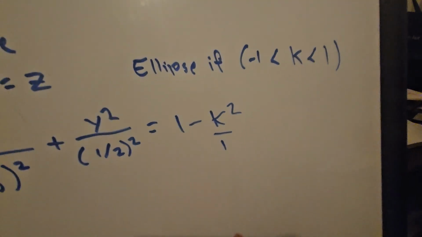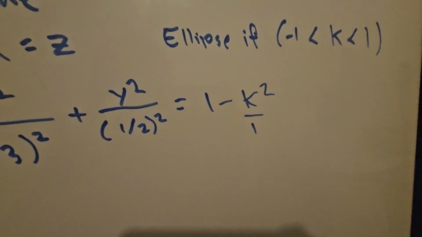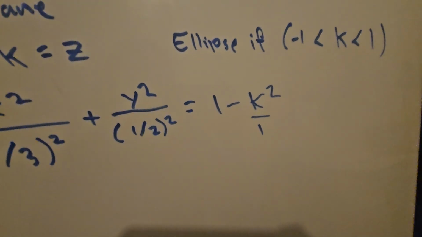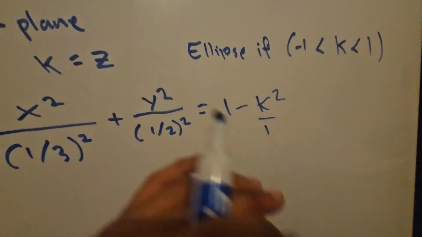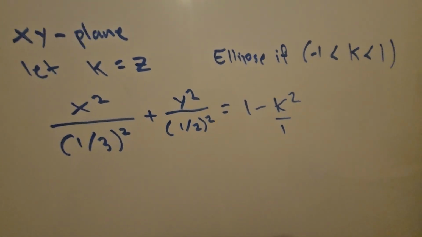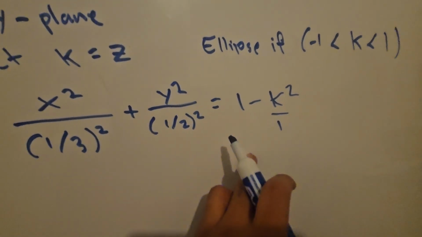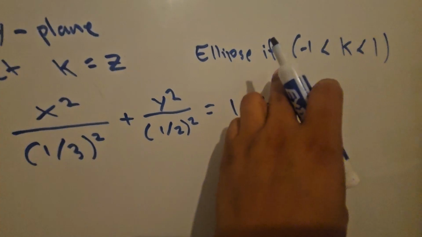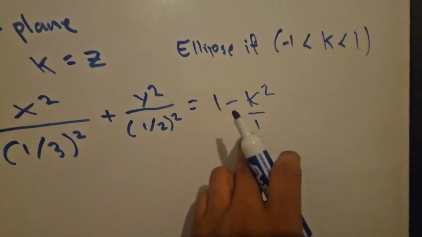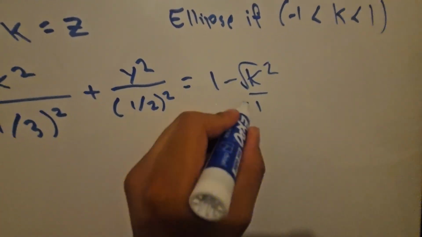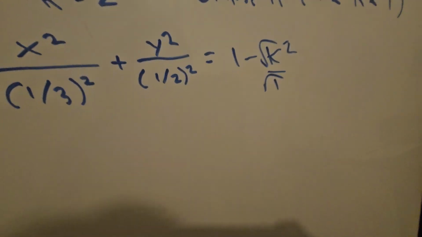If you need a refresher on ellipses, go watch a video on ellipses, but I'm not going to go too in depth into them right here. So yes, ellipse if k is between -1 and 1. Basically just take the square root of 1.